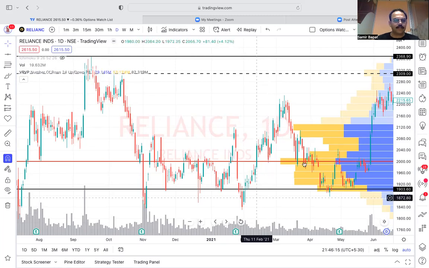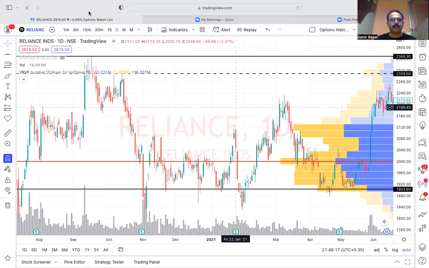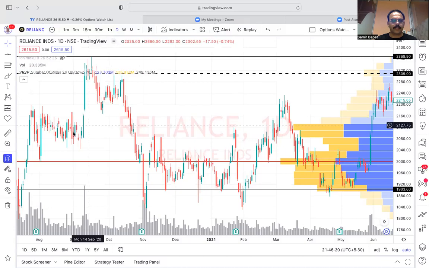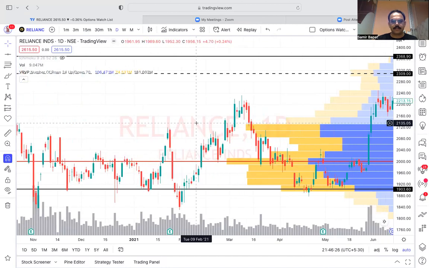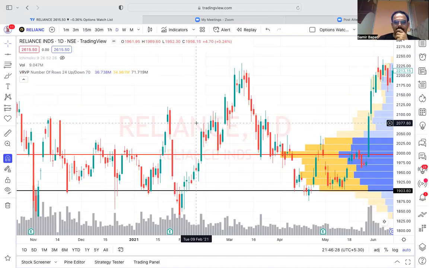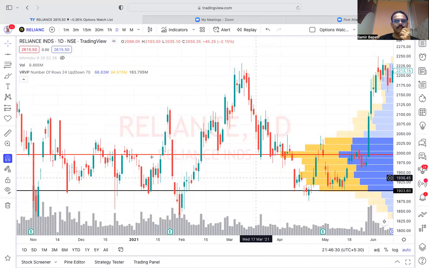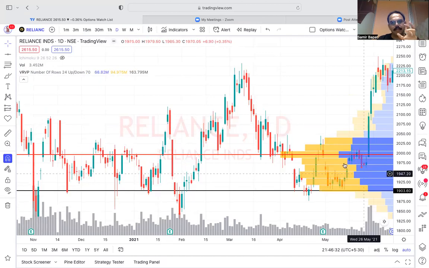Now it is stable. Let me open the consolidated range. Let me bring in this range. Take some time. So this is the range where it was having a higher volume of purchase.